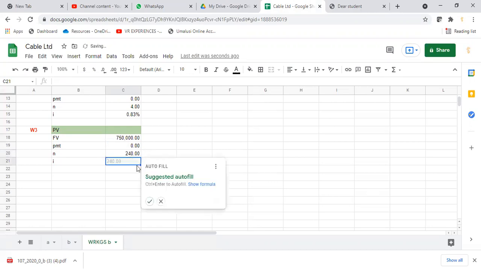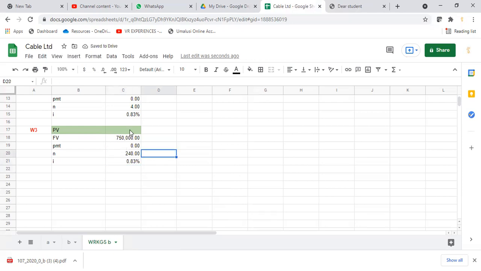Therefore, it is 240. And then I is going to be 10% divided by 12. Okay, so there we go.